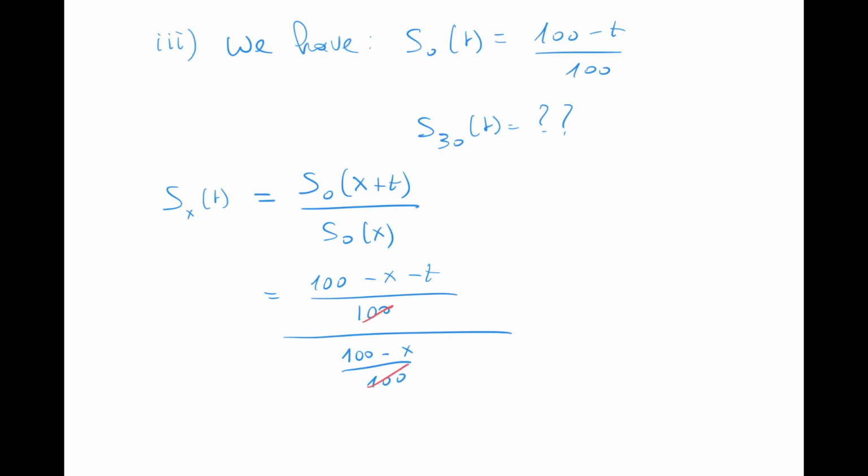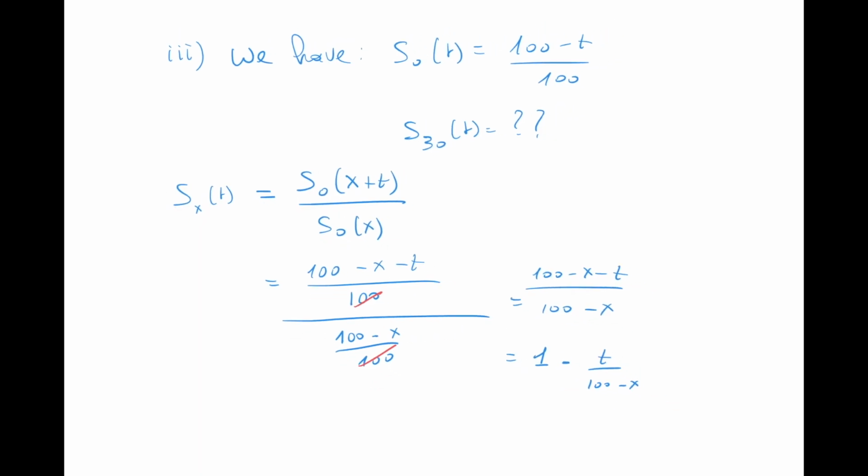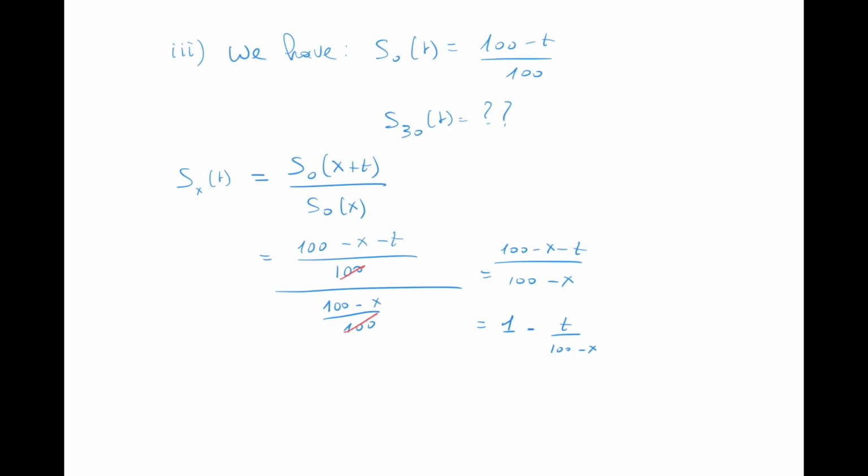Then this cancels and you get (100 minus x minus t) divided by (100 minus x), which I can write as 1 minus t over (100 minus x). In case x is equal to 30, you find S30(t) is equal to 1 minus t divided by 70. In this case, I can take values t starting in 0 all the way to 70.